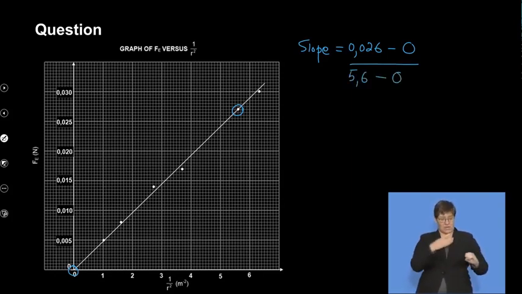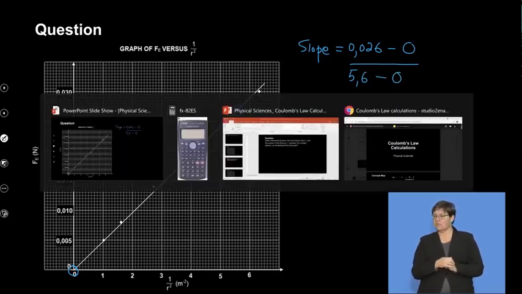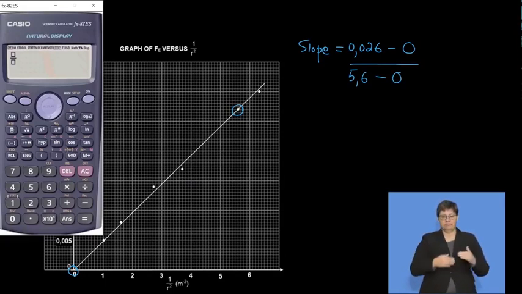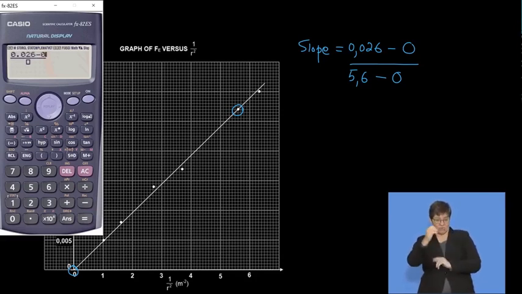Okay, so from this, we'll go to our calculator, just to verify that. So this gives us the change in the vertical axis, 0,026, less 0. It's important that we show the substitution by 0 because the marks are given for substitution. Then 5.6 minus 0 as well, okay?